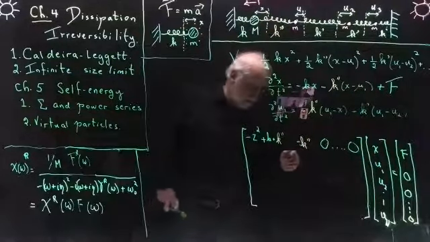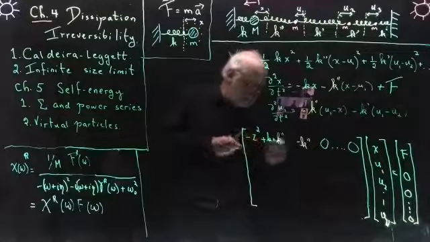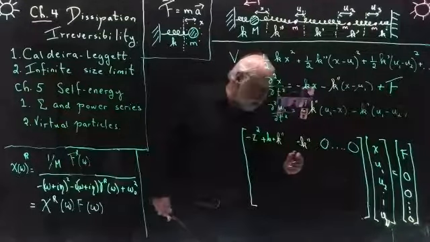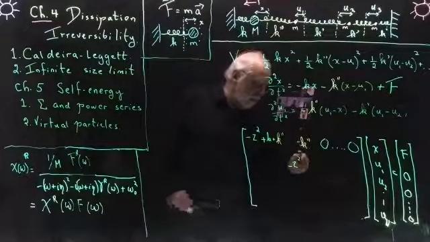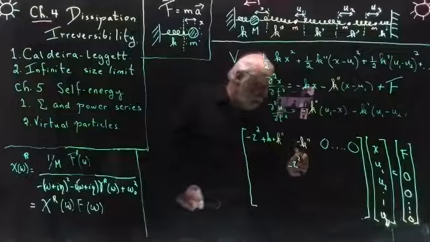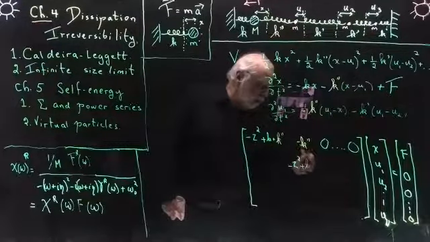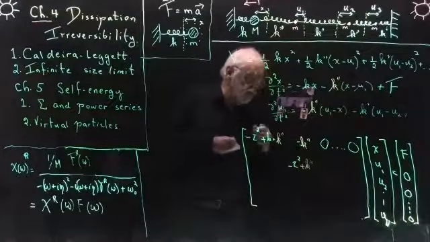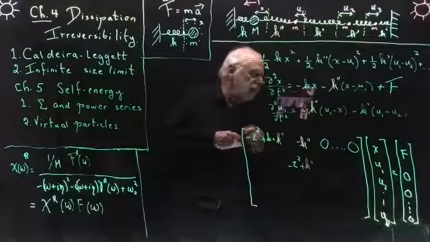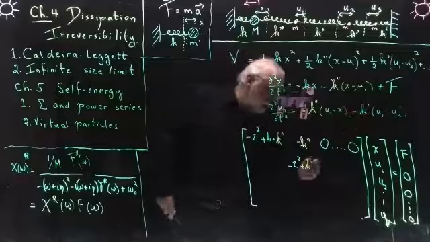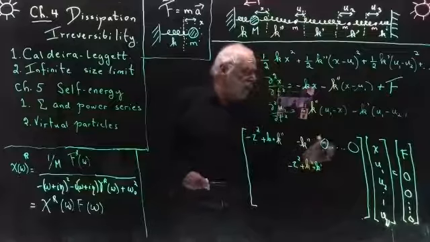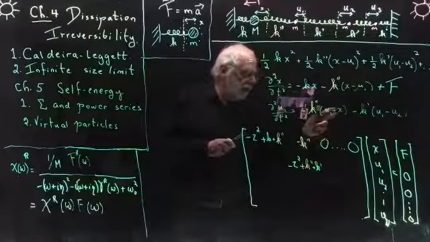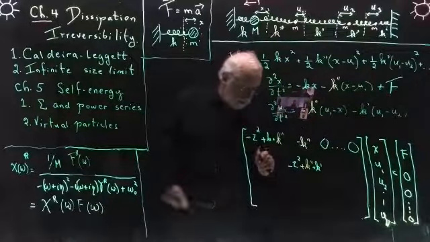Here I have minus z squared, plus k double prime, and then plus k prime. And the coupling to x, again on the other side, is minus k double prime.